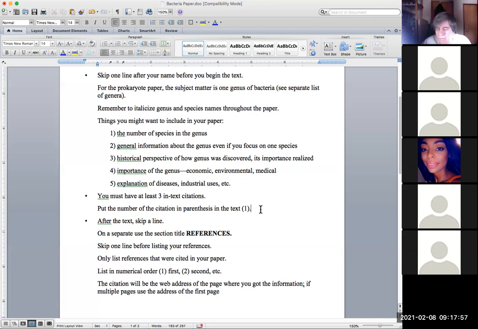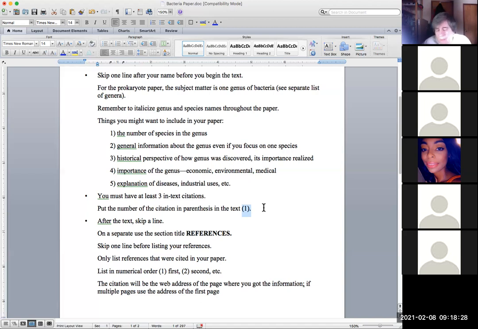So if you have a quote, then after the quote, if it's your first citation, you put parentheses with a 1 inside. Notice that the citations get numbered just in the order that you use them, not in alphabetical order or anything like that. And notice that you might use some particular source for citation 1, and then you might come back to that same source later in the paper.